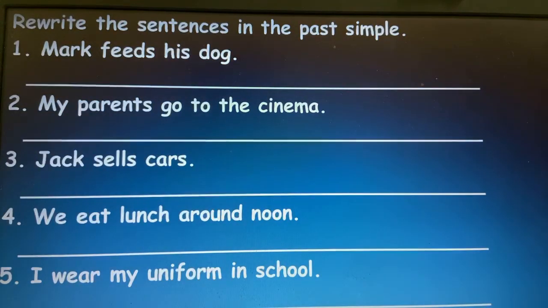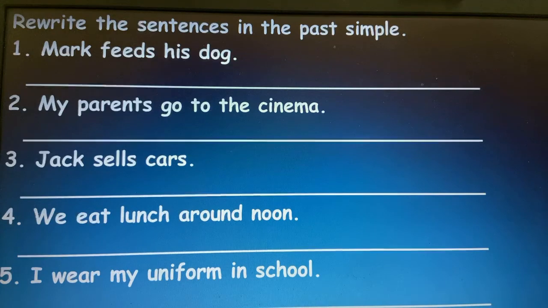Look at these 5 sentences. They are written in the present form. We are asked to change them into the past simple form. Look at the first sentence. Number 1, Mark feeds his dog. The verb is feeds.